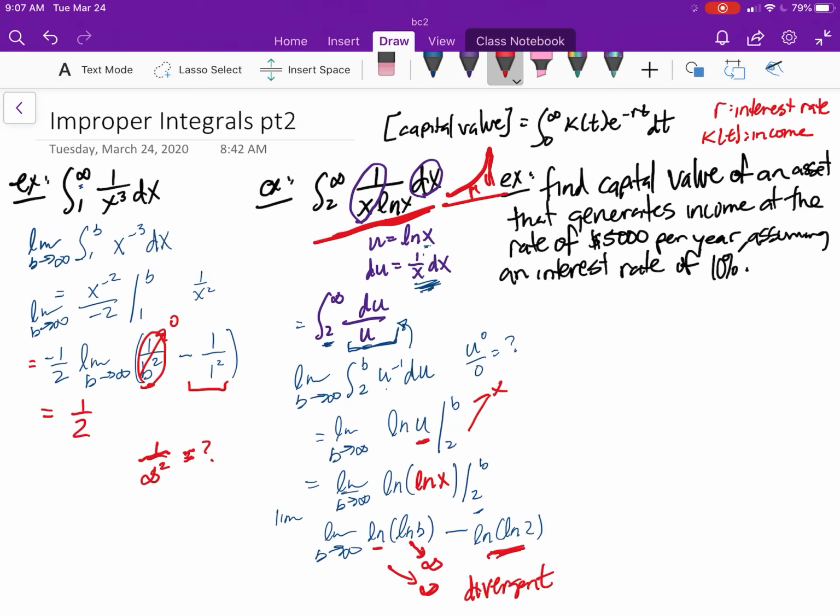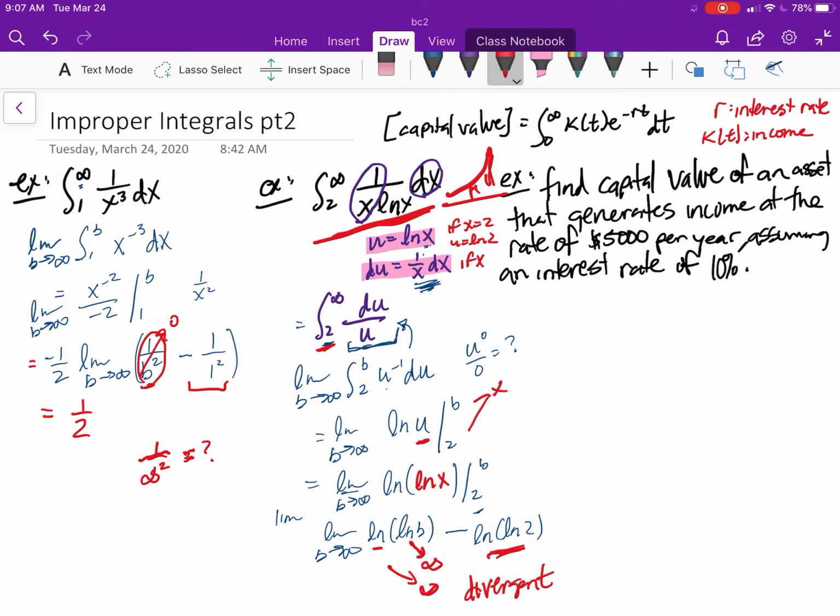All right, now let's go back really quick. I said I would talk about this whole change in bounds thing. Right here, u is ln x, du is 1 over x dx. So if u is ln x, and I'm going to change these bounds here, then if x is 2, then u is ln 2, right?